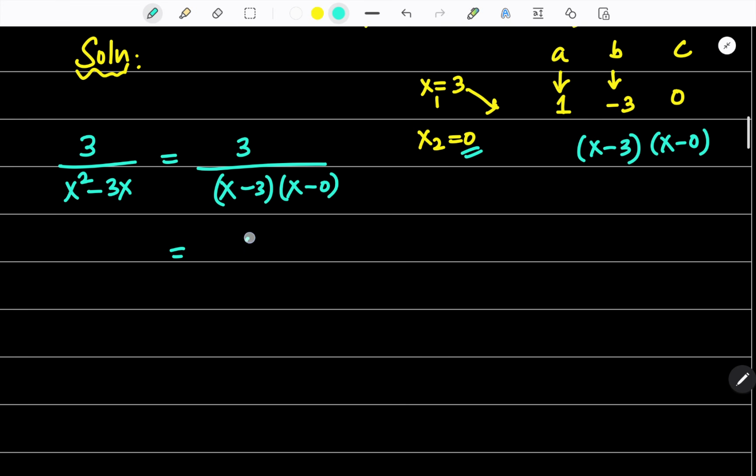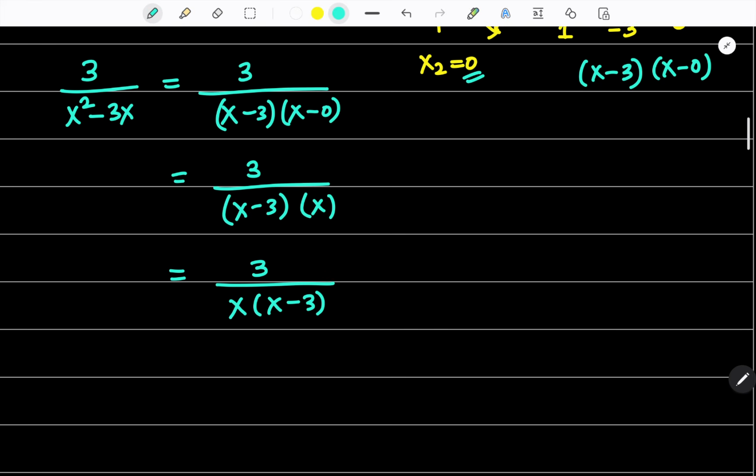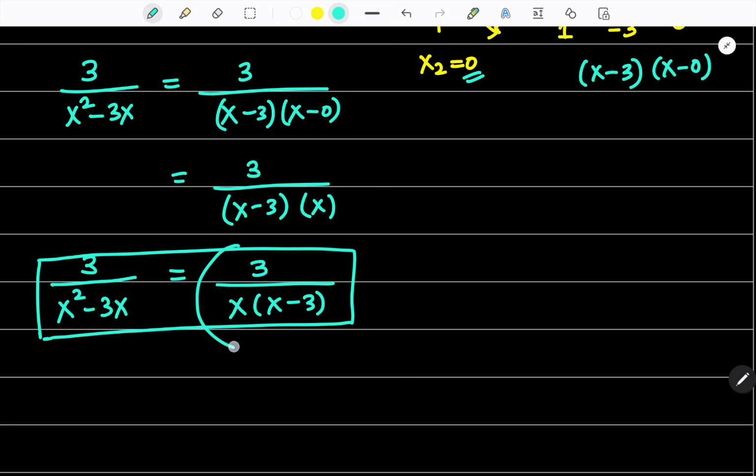This equals 3 divided by x minus 3 times... x minus 0 is what? x. Don't keep the single term on the right, just keep it to the left: x times x minus 3. So this is your question, 3 divided by x square minus 3x.